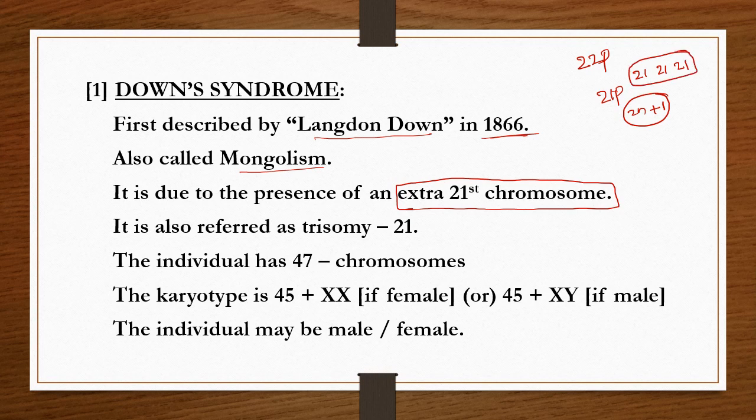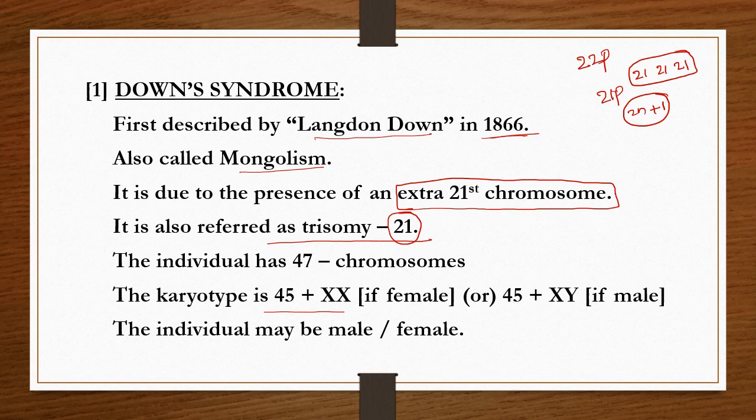Then it is called trisomy, so it is also referred to as trisomy 21. That means of chromosome 21, three are there instead of two. A pair means two, but instead an extra one is present, and that becomes trisomy. Individuals have 47 chromosomes. In previous slides, when we discussed aneuploidy of sex chromosomes, there was no change in autosomes.